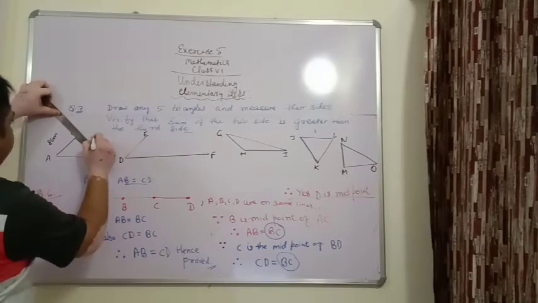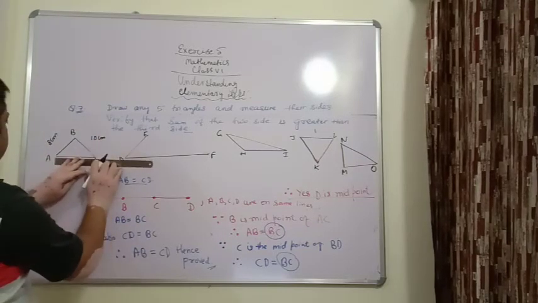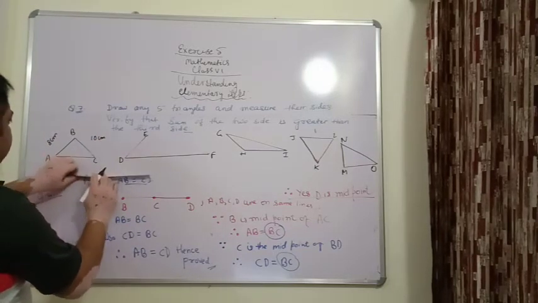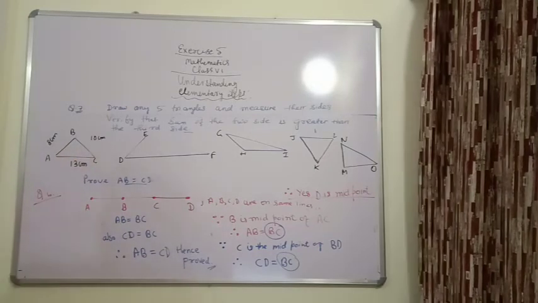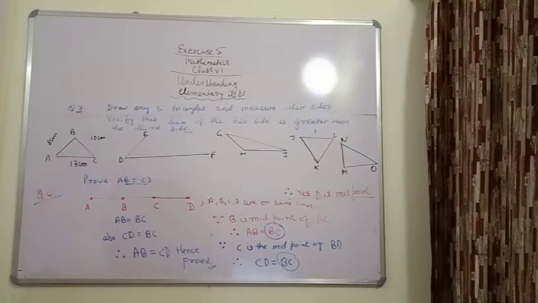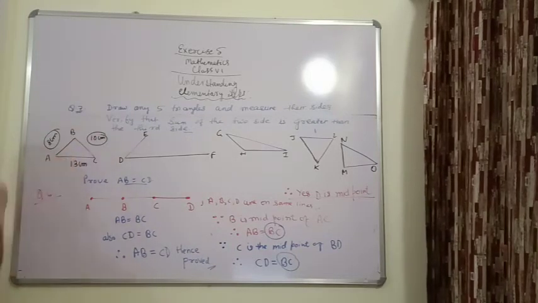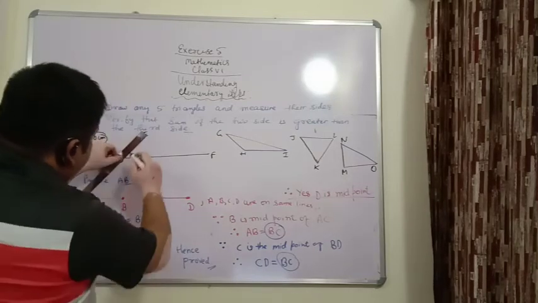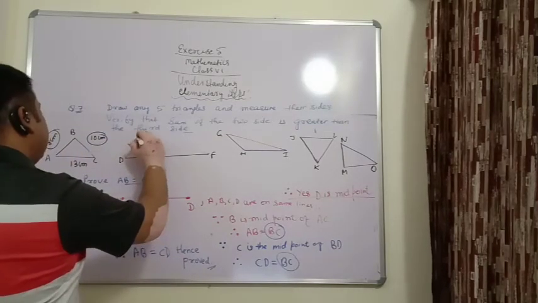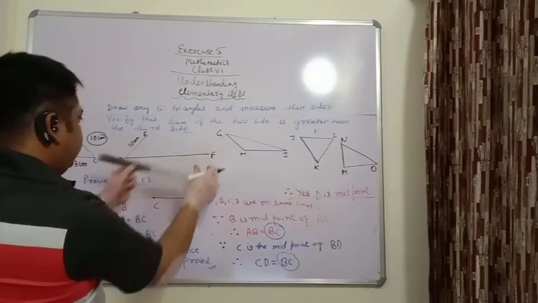This is 10 centimeter. And this is 13 centimeter. So if I add this and this, it will become greater than this. Again, this is 10 centimeter. This much is 28 centimeter.